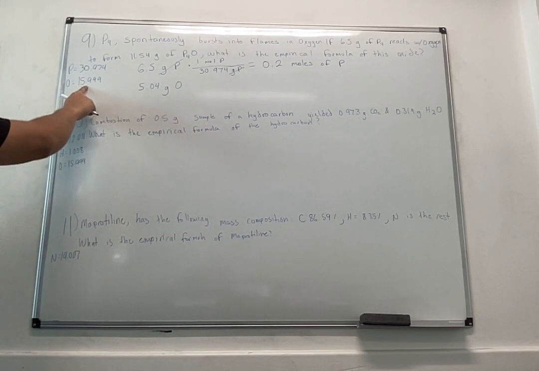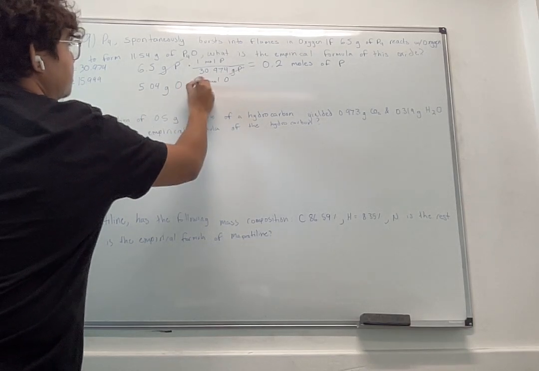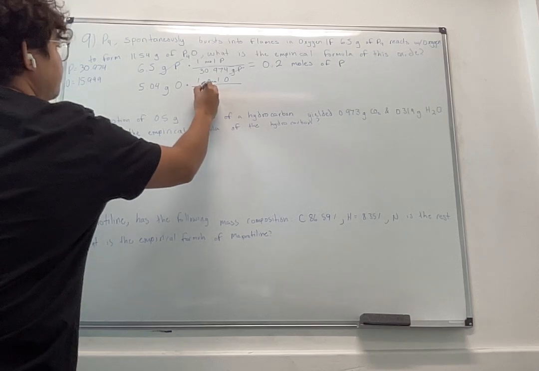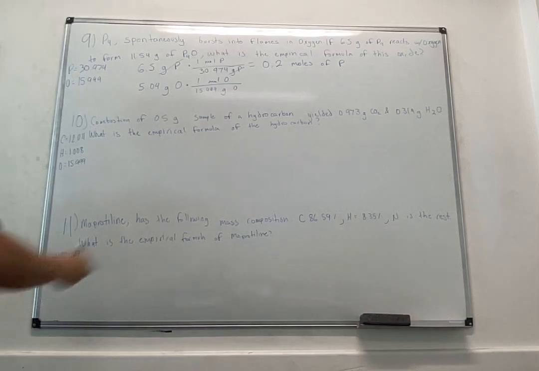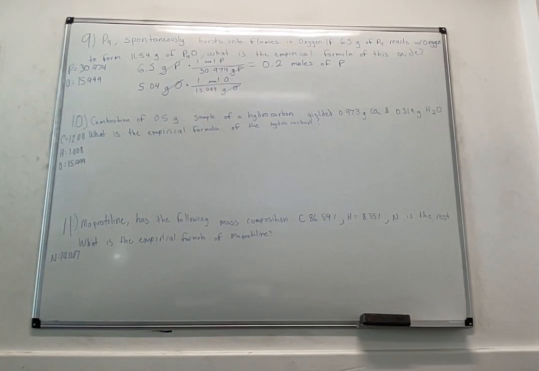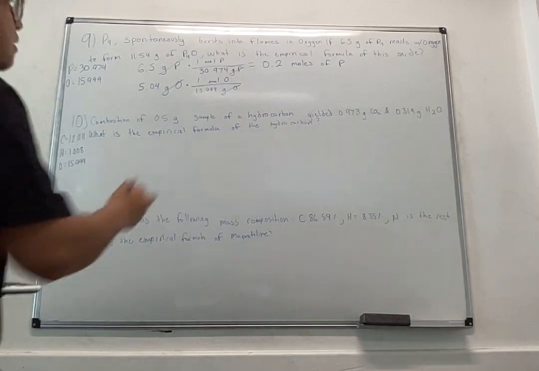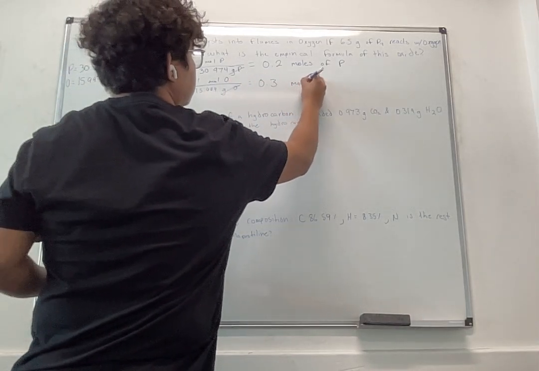So oxygen is 15.999. 1 mole of oxygen is 15.999 grams of oxygen. We cancel this out, grams of oxygen over grams of oxygen. So if you put in 5.04 divided by 15.999, you should get 0.3 moles of oxygen.